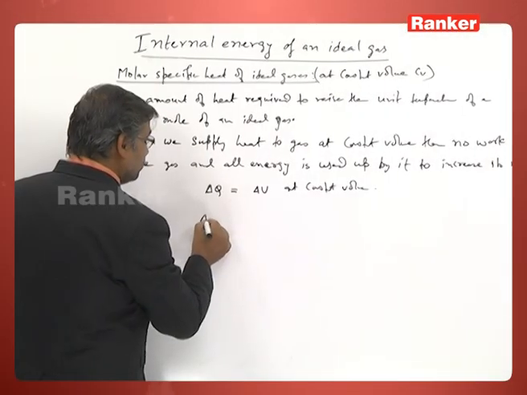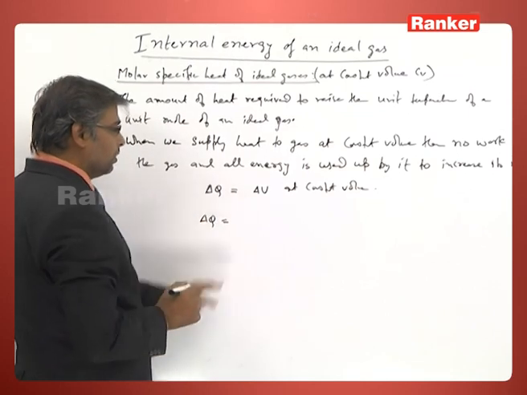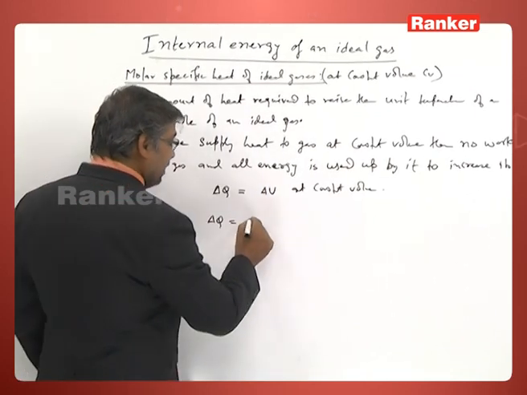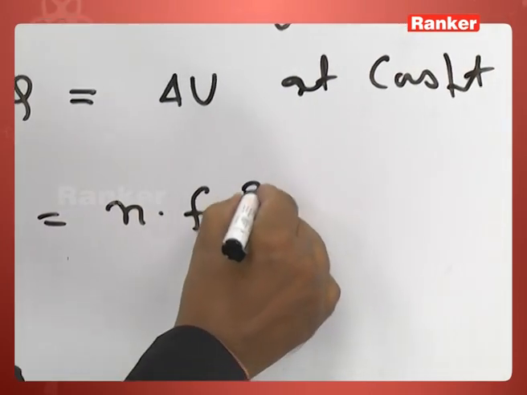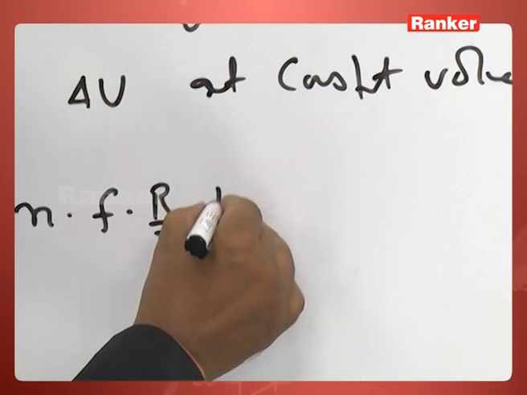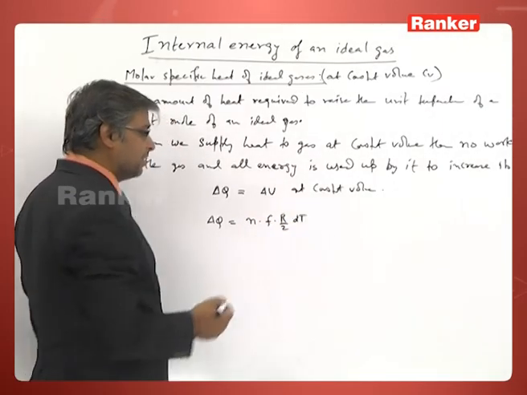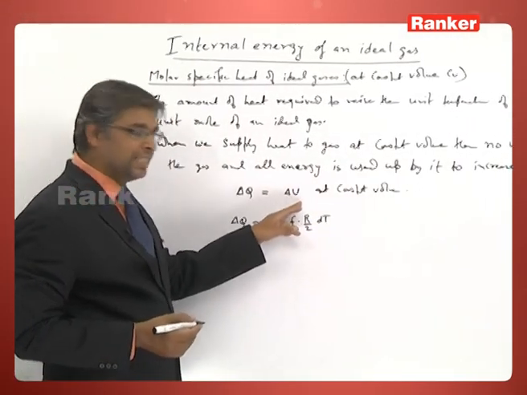So, delta Q is equal to, now the total energy, as we have already seen, N into degrees of freedom F into R by 2 into dT, where dT is the change, since we talk about change in internal energy.